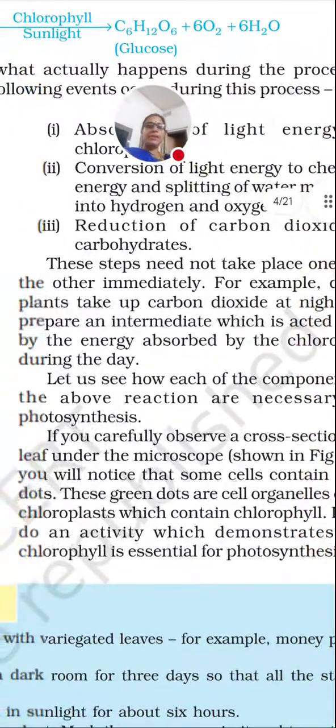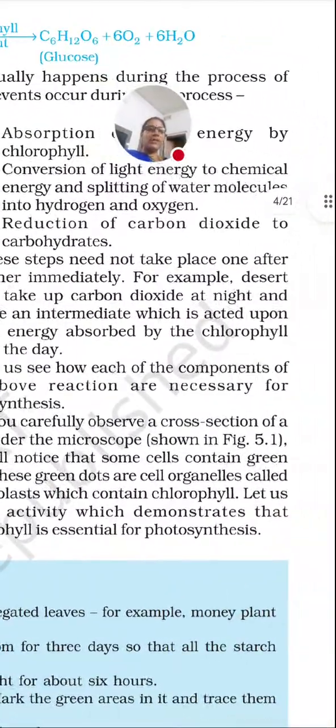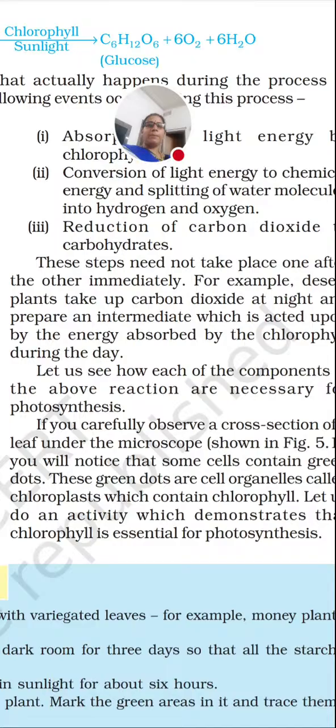For example, here they can ask this question. For example, desert plants take up carbon dioxide at night and prepare an intermediate which is acted upon by the energy absorbed by chlorophyll during the day. They can ask, why do desert plants take carbon dioxide only during night? The answer: as they are desert plants, they are deficient in water. There is scarcity of water in the desert.